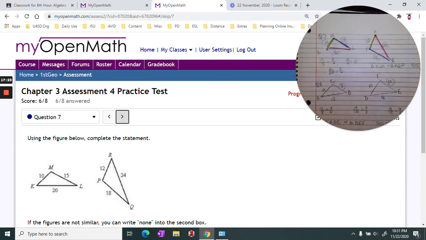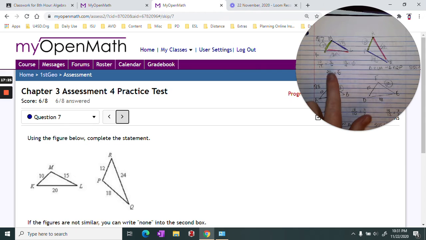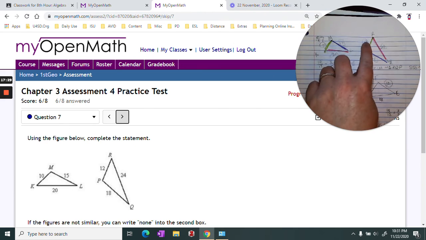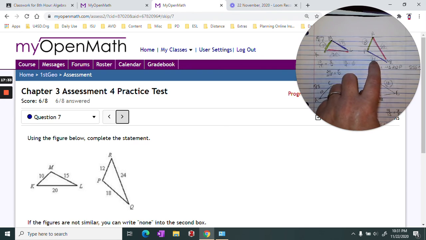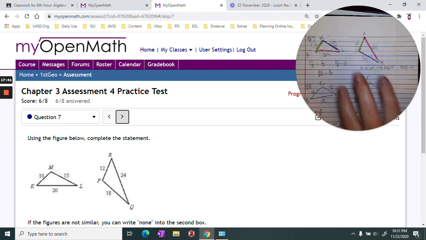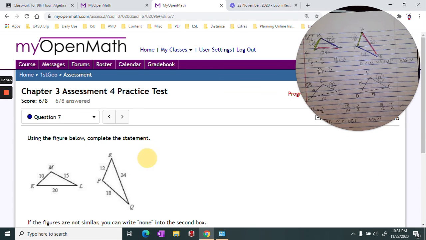Okay, and what I'm going to do is set up each of those ratios. So 10/12 reduces to 5/6, 15/18 reduces to 5/6, and 20/24 also reduces down to 5/6.